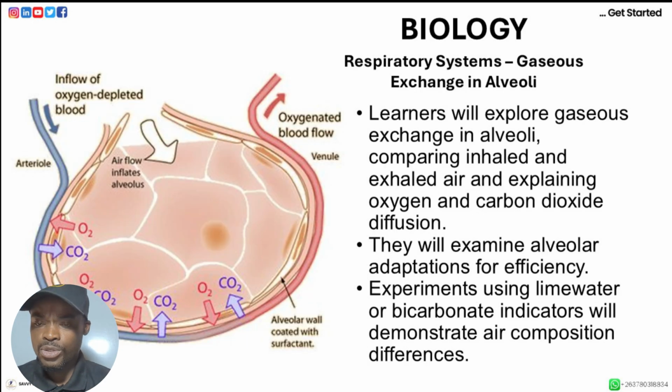Then the next topic focuses on the respiratory system. Under this topic, we are looking at gaseous exchange in the alveoli. We are going to explore the comparison of inhaled air and exhaled air, and you should be able to explain oxygen and carbon dioxide diffusion within the alveoli.